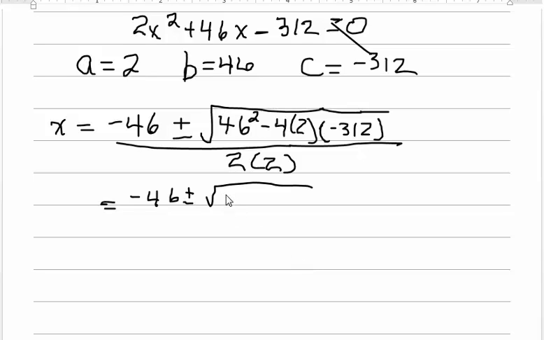So minus 46 plus or minus the square root of 4,612 divided by 4.